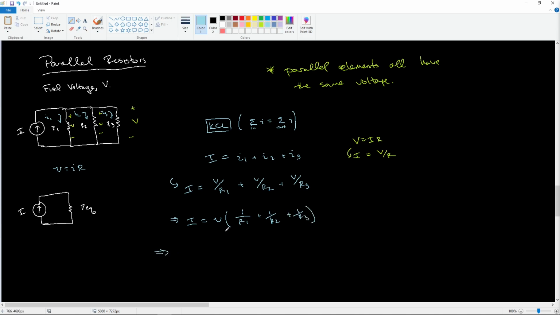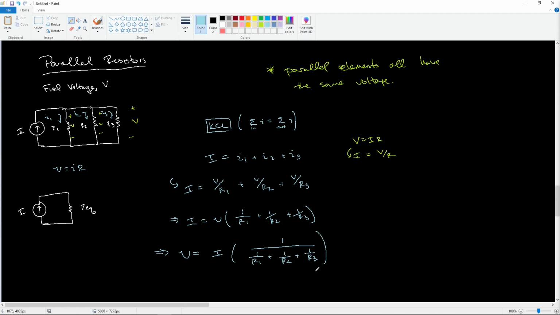Now we want Ohm's law to be V equals I times some scaling factor, so we'll move and divide this to the other side. V is then equal to I, the current, times 1 over R1 plus 1 over R2 plus 1 over R3.